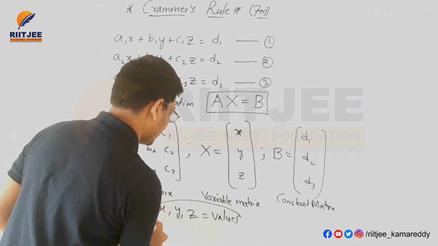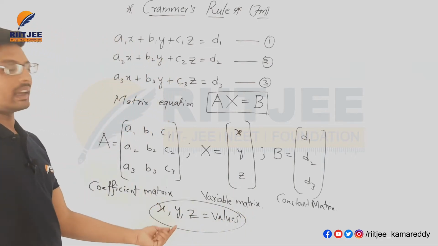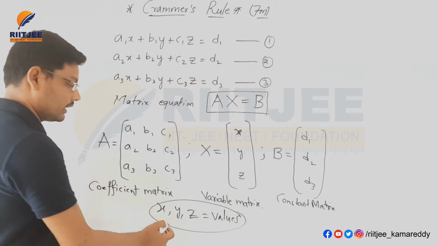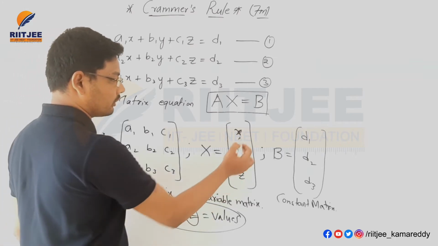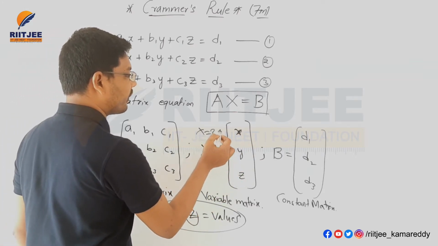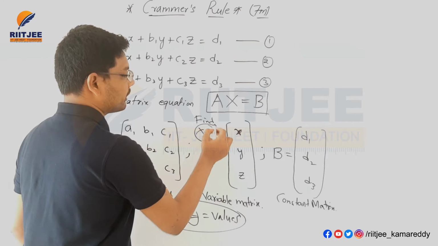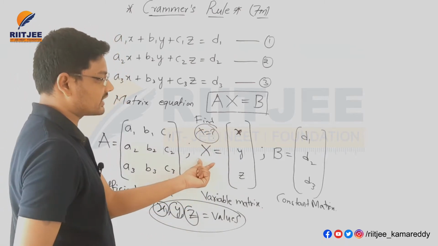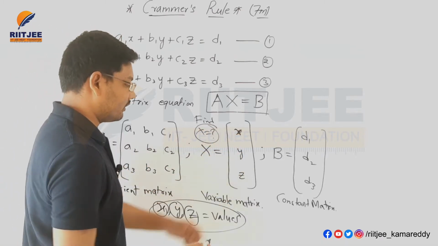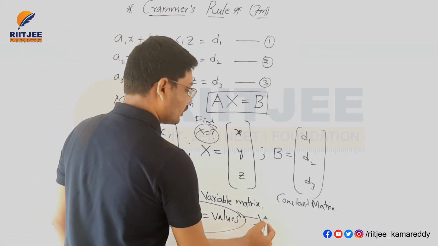This is all about Cramer's rule. How to find the x, y, z variable values here? We need to find the variable matrix capital X, that is, the x, y, z variable values.